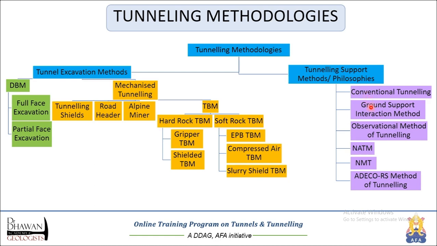You may choose the ground support interaction method, observational methods of tunneling, the New Austrian Tunneling Method, which is also known as NATM, or the Norwegian Method of Tunneling, which is known as NMT, or the Q-system method of tunneling. We will learn in detail about each method of tunnel support philosophies in the forthcoming lectures.